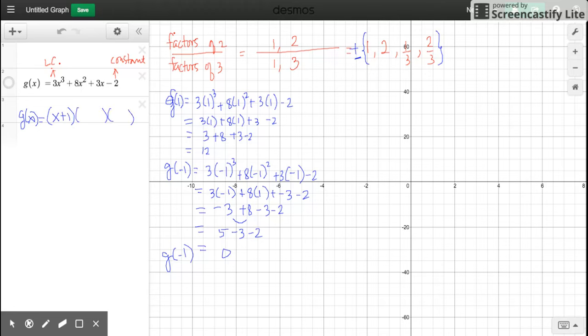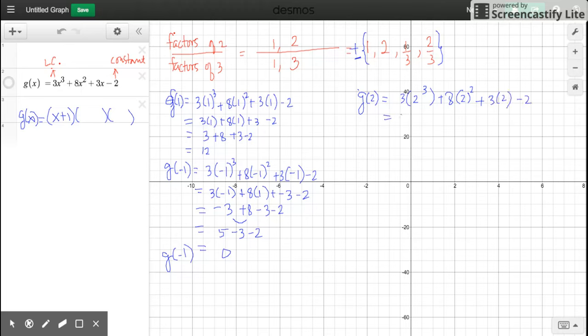All right, so let's try 2. So g of 2 is equal to 3 times 2 cubed plus 8 times 2 squared plus 3 times 2 minus 2.